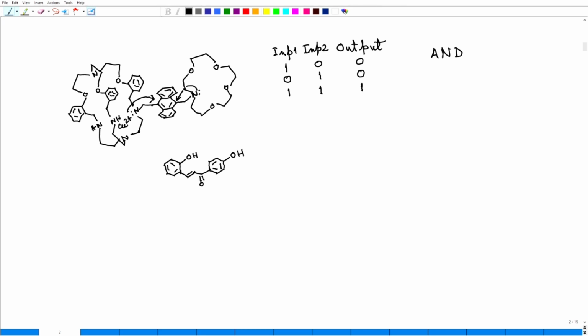Yeah. Now, if I add H plus AND, this is the significance of AND logic switch, and 365 nanometer light, we can get a laser light 365 nanometer. Then what happens? This compound will be formed.